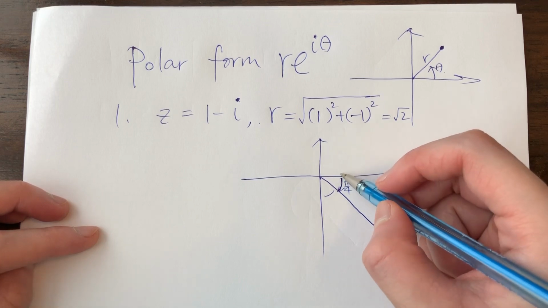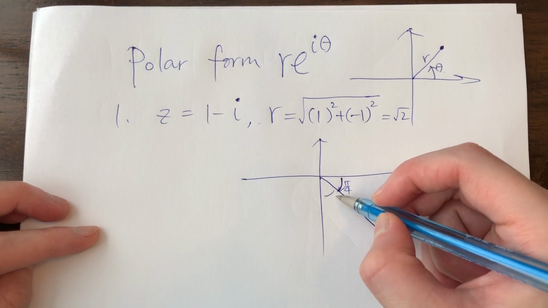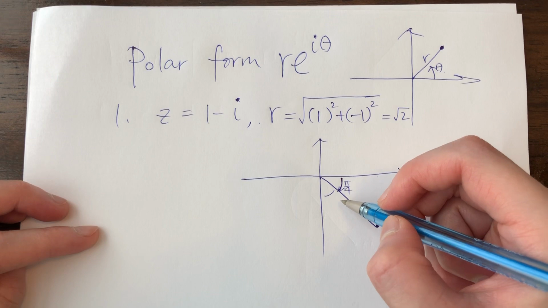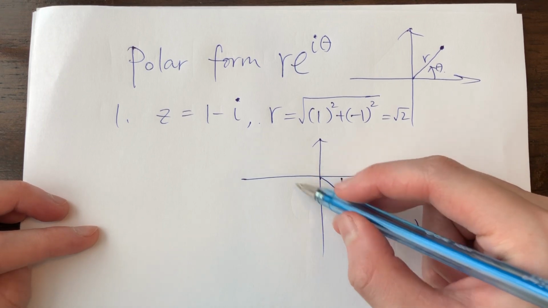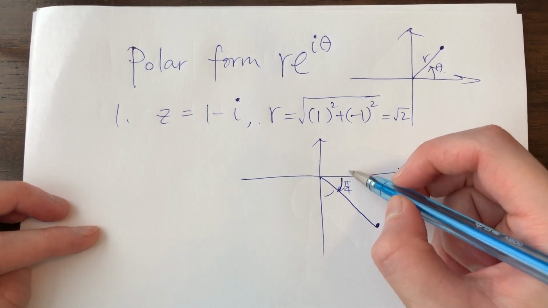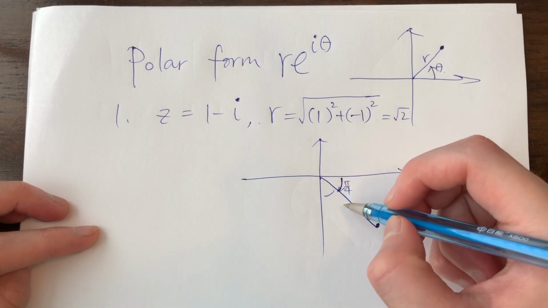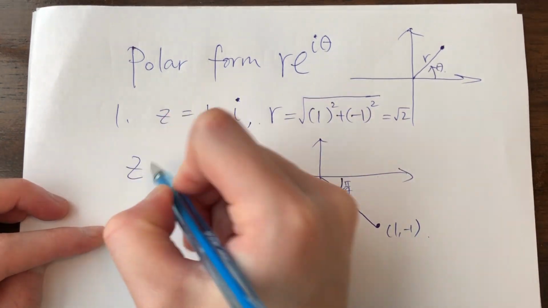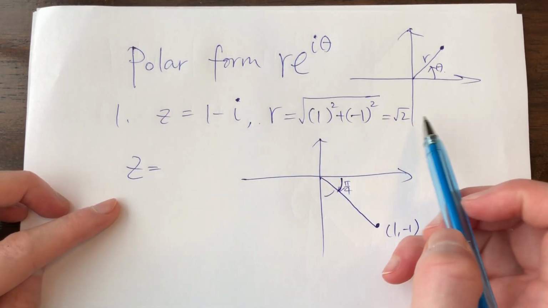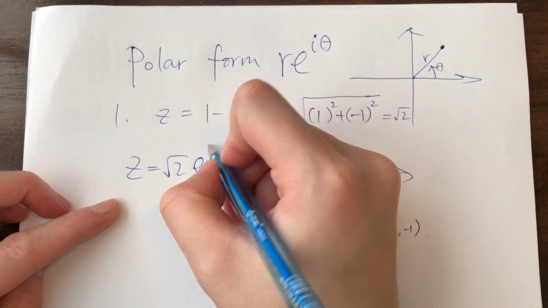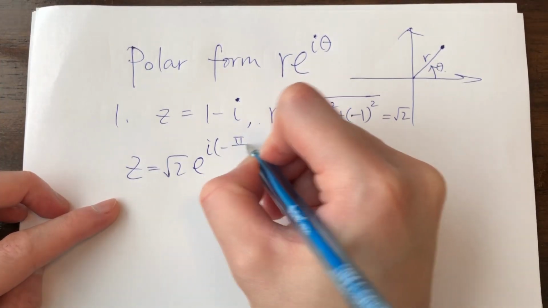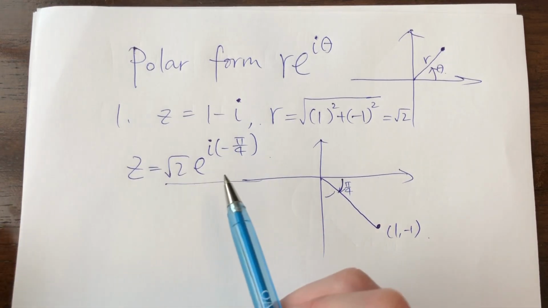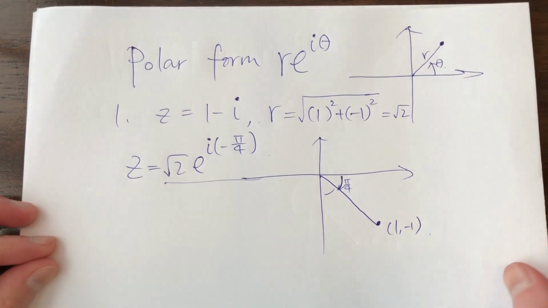You can also go all the way around to here, and that's still correct, giving a positive value, 3 pi over 4 plus pi. But you can just use negative pi over 4. So we write z equals r e to the i times negative pi over 4. That's the polar form.